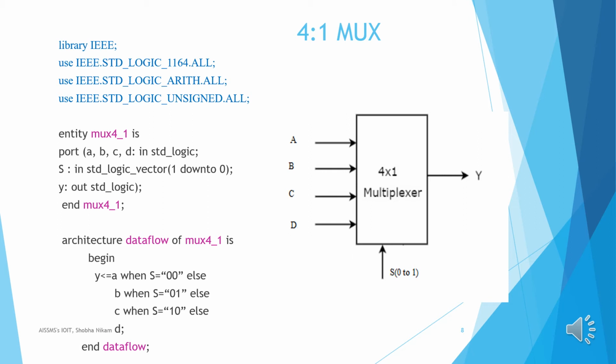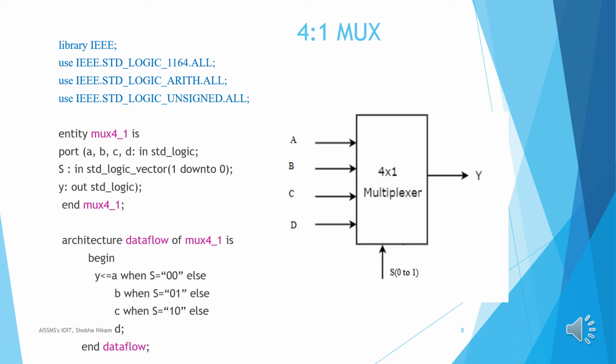First is use IEEE.std_logic_1164.all. The meaning is, the use clause is used to insert a package into a VHDL code. The second package used is std_logic_arith.all. The third package used is std_logic_unsigned.all.